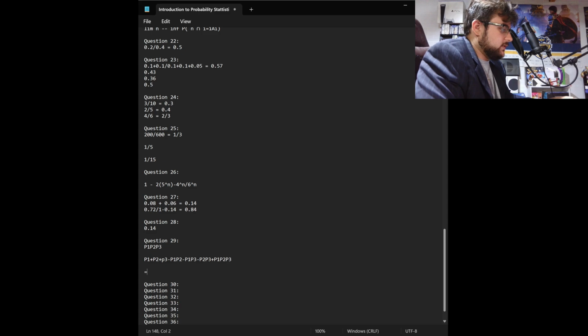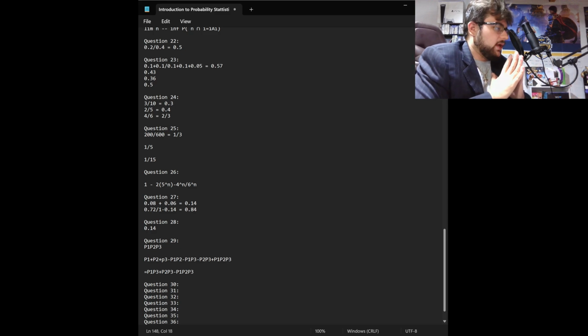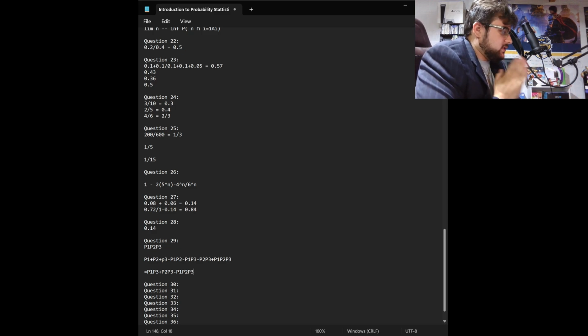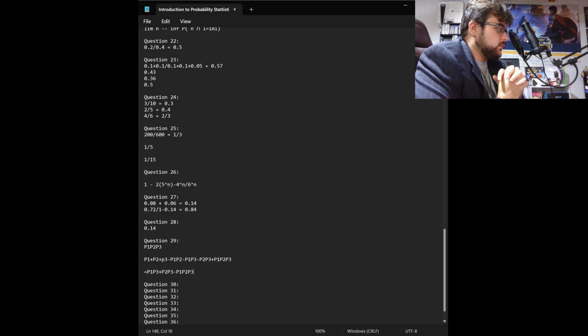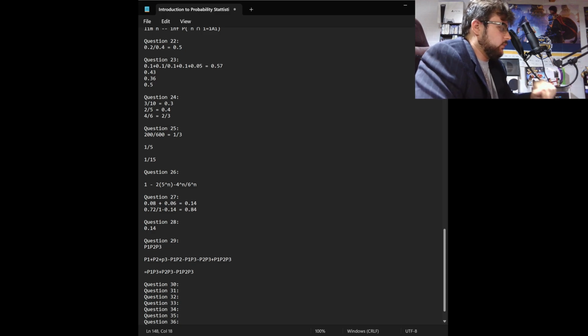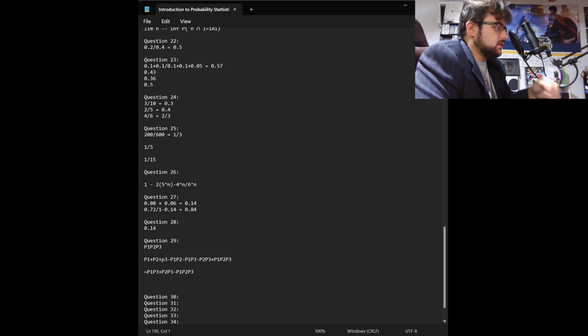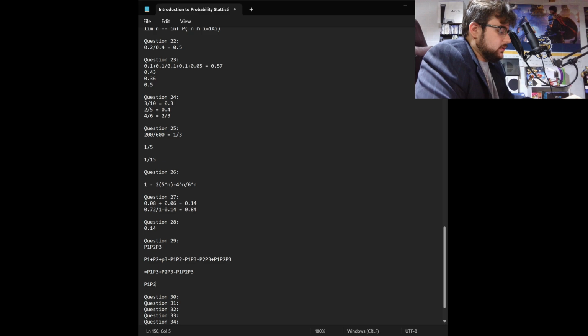Then for this one we can do the same thing. P1, P3 plus P2 P3 minus P1 P2 P3. Right. Now C is a little bit tougher, but it's basically P1 P3 plus P2 P3 minus P C1 C2 C3, which gets you what I wrote down there. D is P1 P2 plus P3 minus P1 P2 P3.